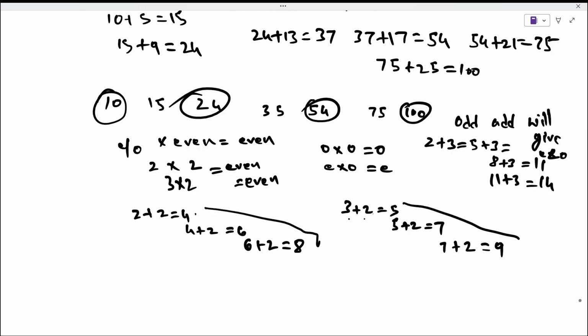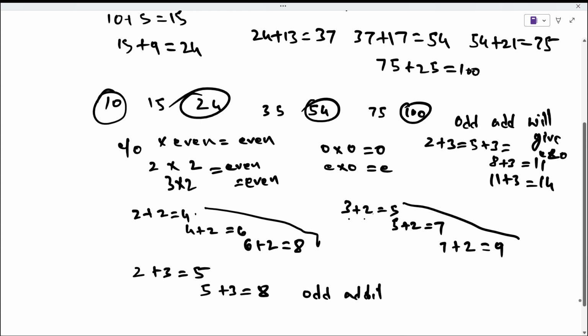But in case of odd addition, 2 plus 3 is 5. 5 plus 3 is 8. See, odd addition will make the series even and odd. We will see odd numbers and even numbers only in case of odd addition.